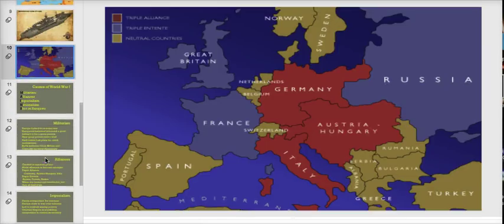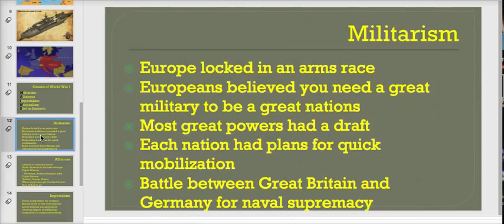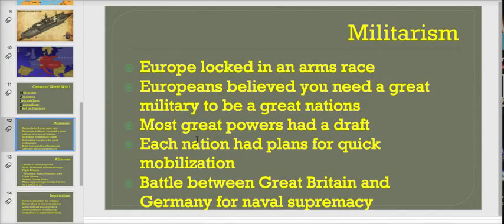So let's talk about the causes. Remember, the causes: MAIN, militarism, alliances, imperialism, nationalism, shot in Sarajevo. What is happening in Europe is this great military buildup.